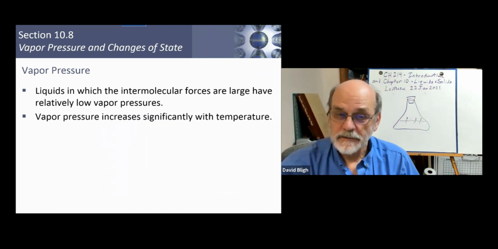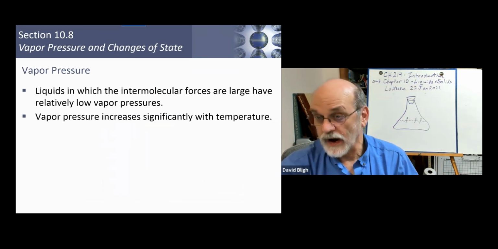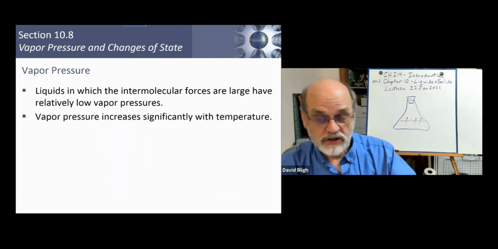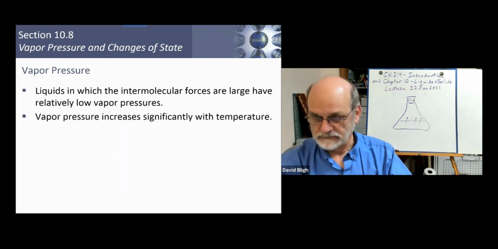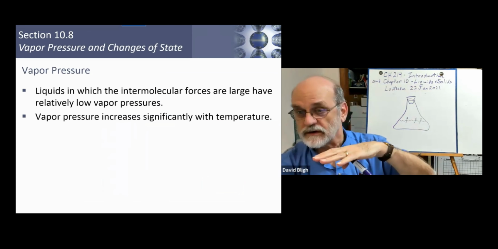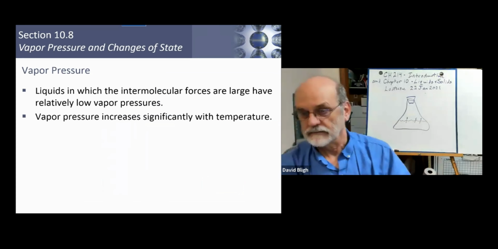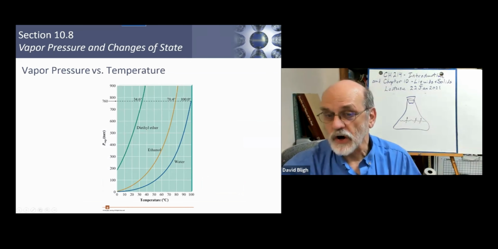So the vapor pressure changes and increases, in fact, significantly with temperature. Why is that? Because if you add energy to the liquid, you're breaking those intermolecular bonds. And that means that the molecules at the surface of the liquid are free to evaporate. And this vapor pressure versus temperature curve varies depending on the material.